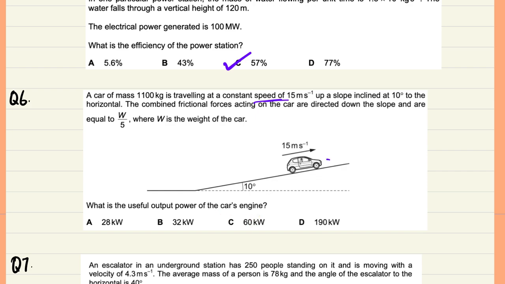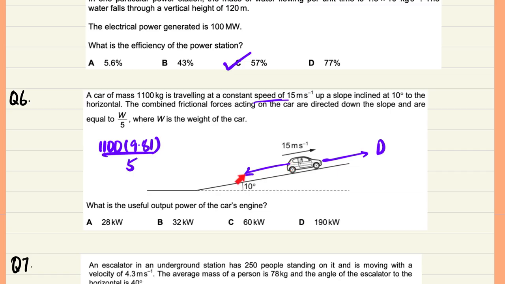So let's say this is the driving force. Let's call this D, because this is at constant speed. So the total forces down the slope and the total forces up the slope are supposed to be balanced. So the force down the slope, one of them is the friction, which is W by 5. So 1100 times 9.81, that's W over 5. What else is there?